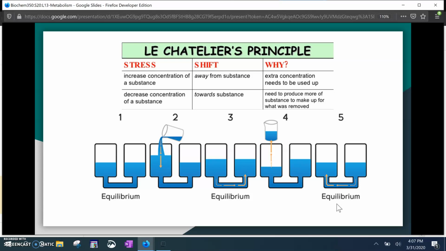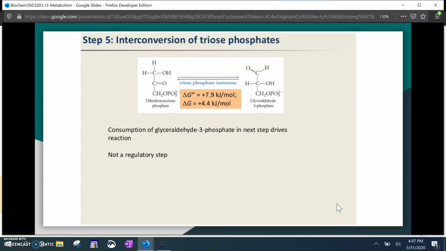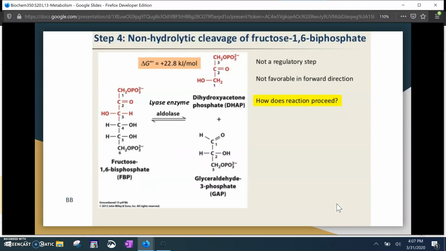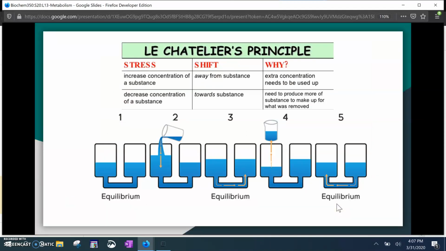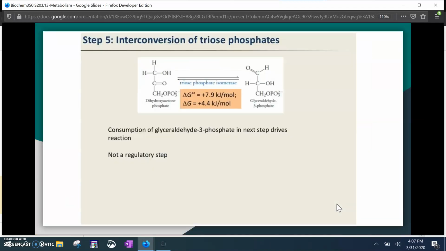When something's at equilibrium, if you add a lot of one of the reactants, it'll push it towards the products. And that's what's going to happen here. When you have a lot of this fructose 1,6-biphosphate coming down the pipeline because you have a lot of glucose, it's going to force it to go to the next step. We'll have another picture of this at the end.